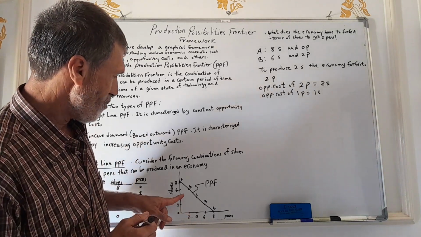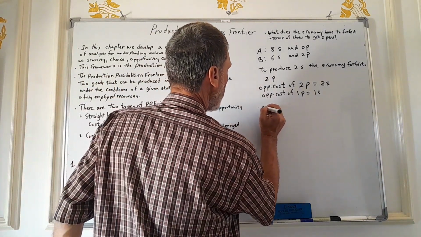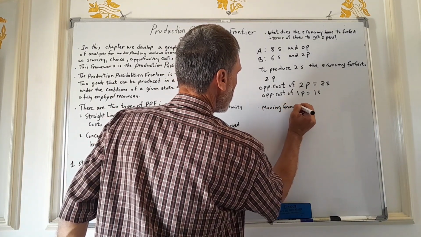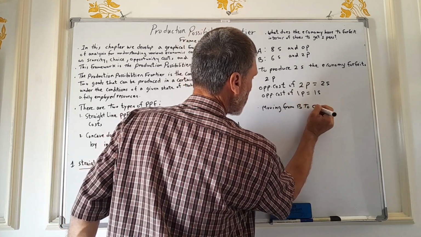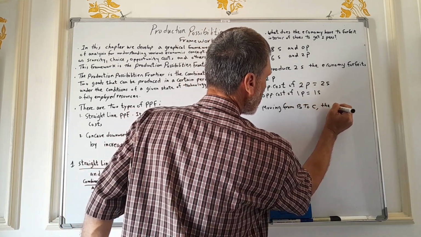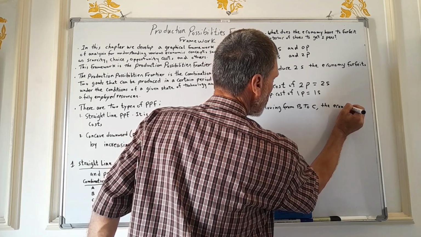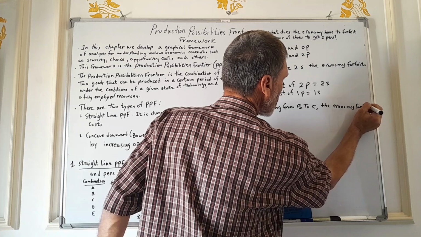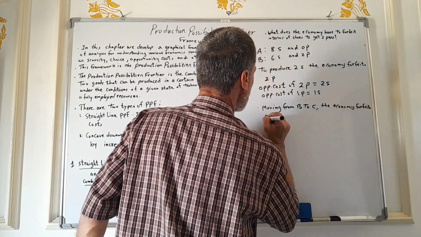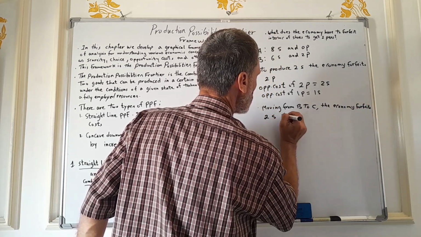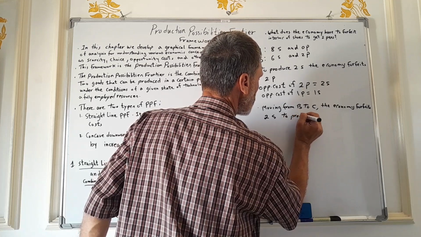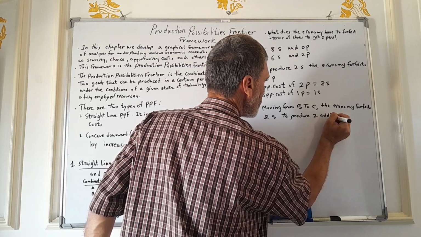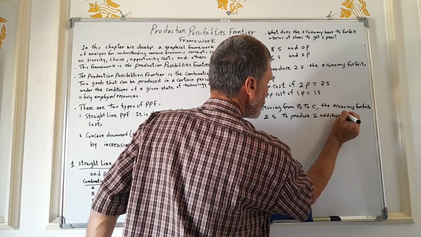So, moving from B to C, the economy forfeits 2 shoes to produce 2 additional pens.